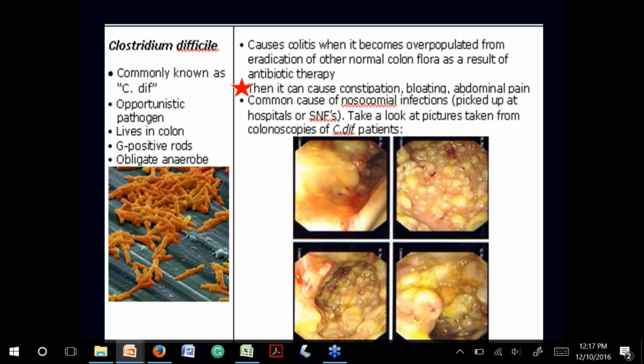Okay, so Clostridium difficile is one of the bacteria that sporulate, correct? It is the most common cause of nosocomial infections. Nosocomial means hospital, right?